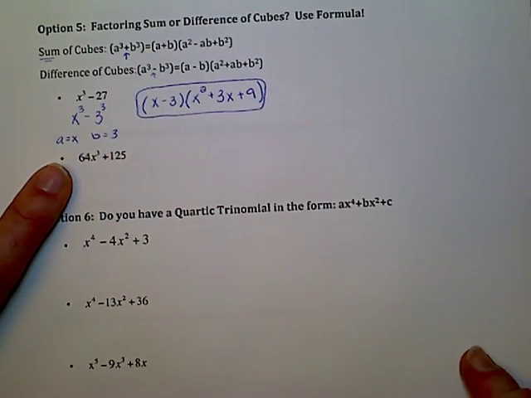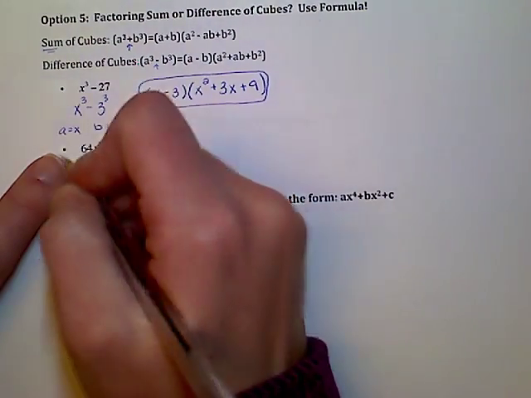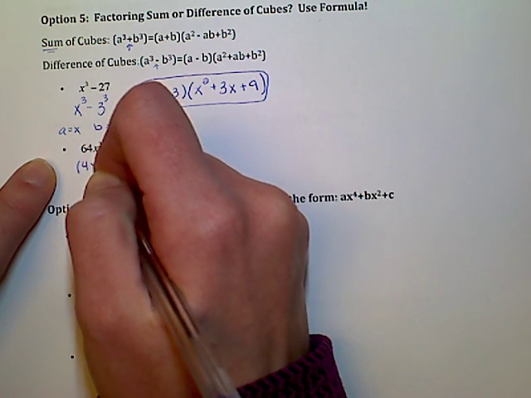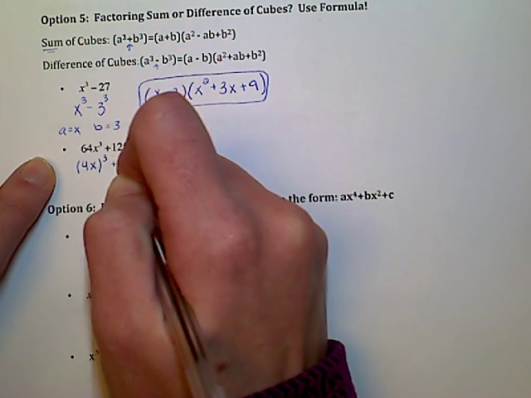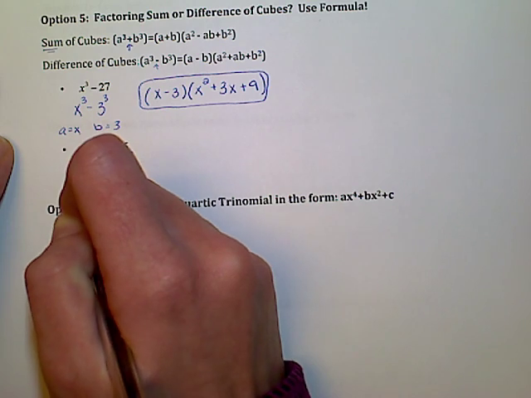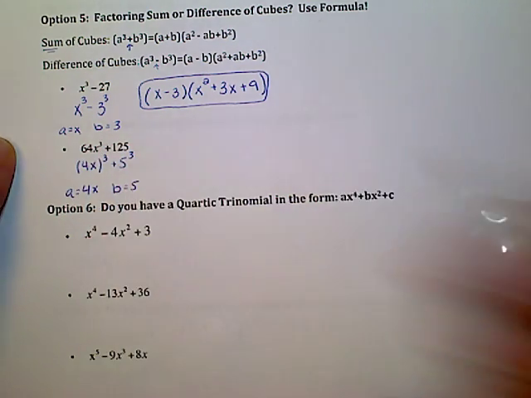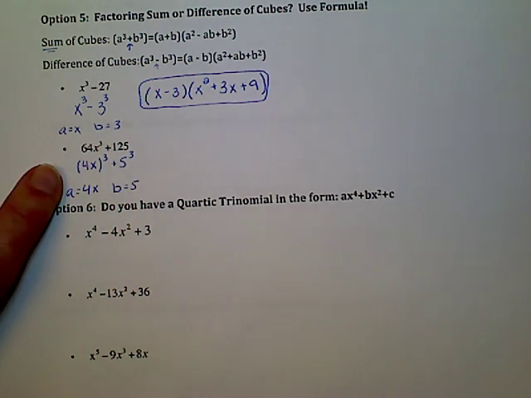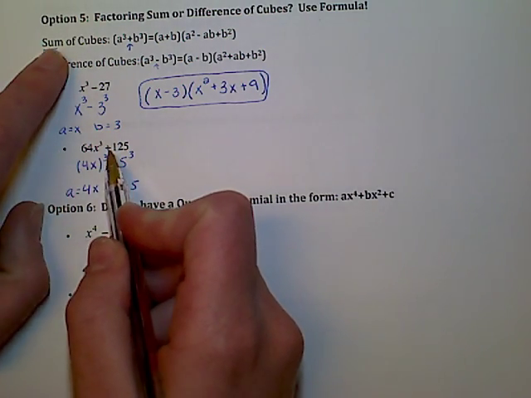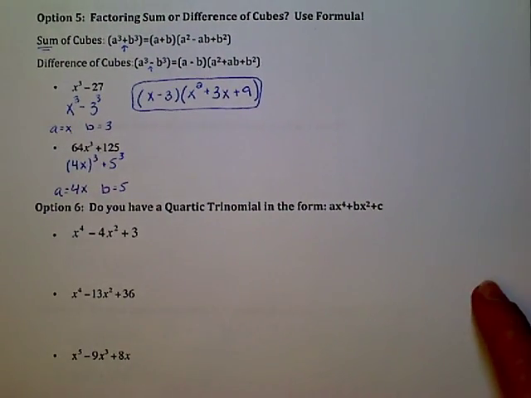Now the bottom one is a little bit harder. You'd want to rewrite that first term as 4x all cubed plus 5 cubed, so that you can see a is 4x and b is 5. And we have addition, so I'm going to use my sum of cubes formula.